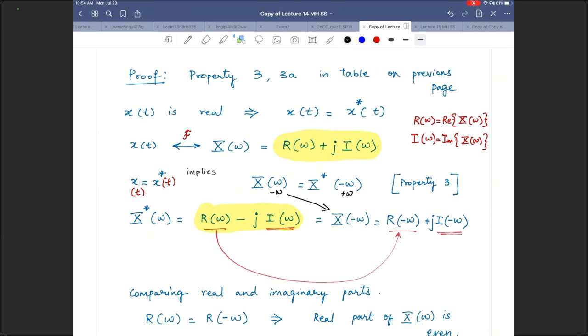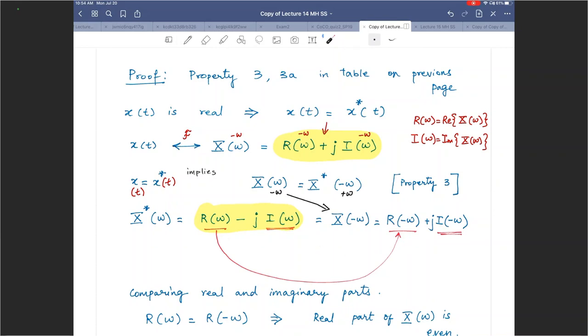What is X of minus omega? Well, take this expression right here and substitute minus omega there, minus omega there, minus omega there. So you get R of minus omega plus j times I of minus omega. Now, because we are able to use property 3 of conjugate symmetry, we can equate the real and imaginary parts.